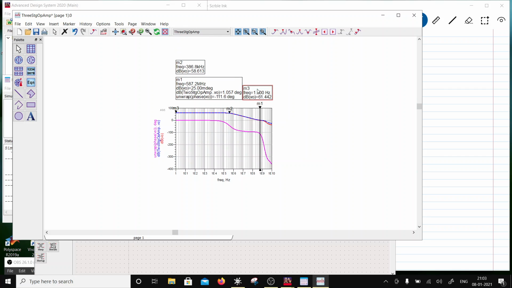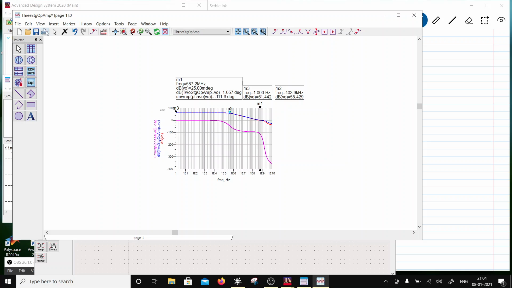So 61.4 is the gain here, and M2 I want to do as 58.4. Roughly 400 kilohertz is the corner frequency.